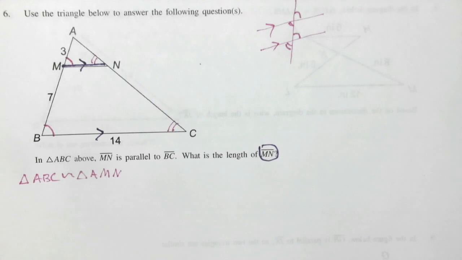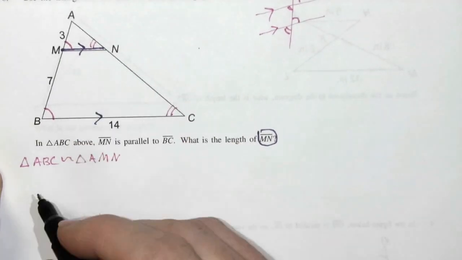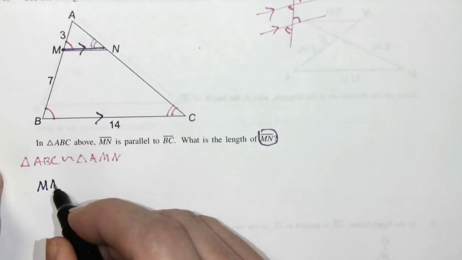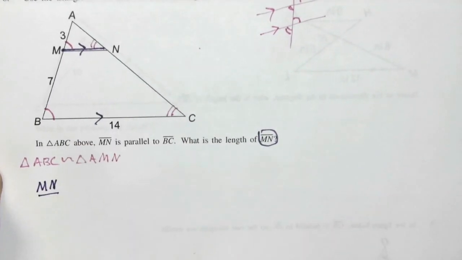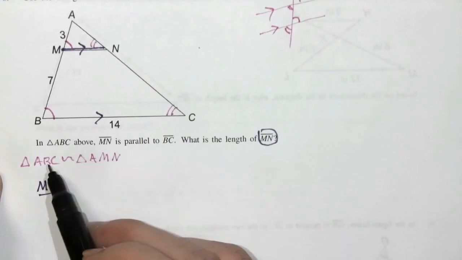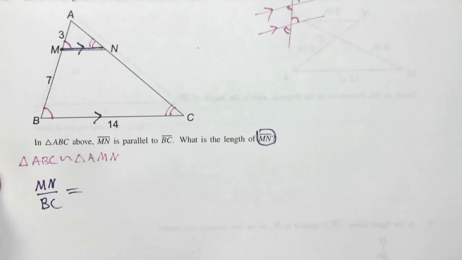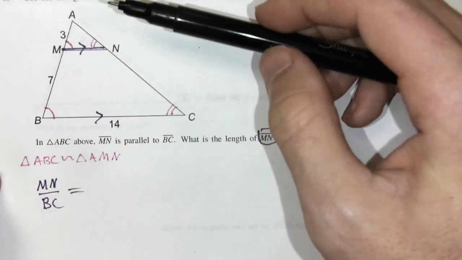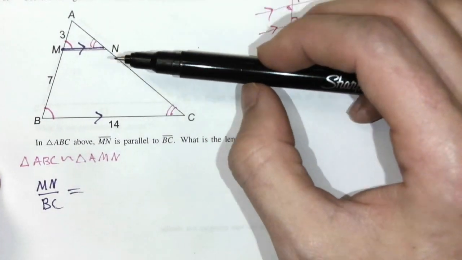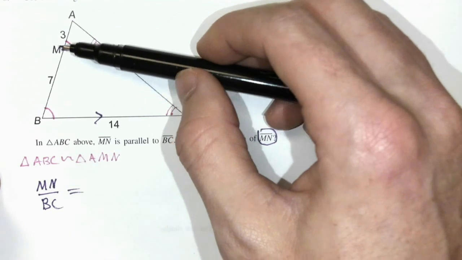So now that I know the two triangles are similar, I can set up my proportions. I'm trying to find MN, so I'm going to use that one first. MN. What side corresponds to MN? MN is the second and third letter, so it's BC. Going to be equal to. So I can either use my AN and my AC, or I can use my AM and my AB.